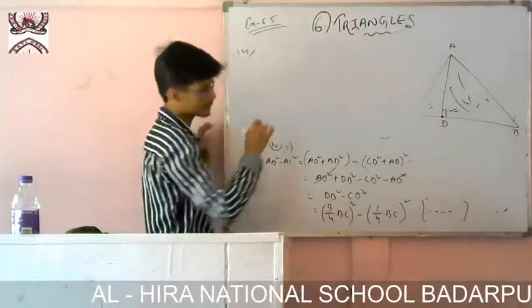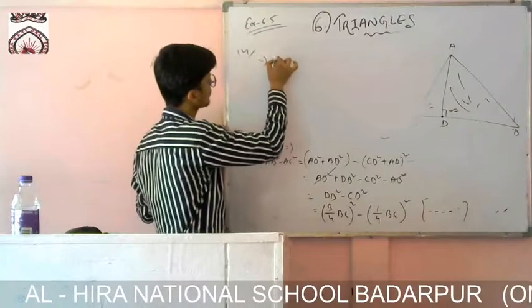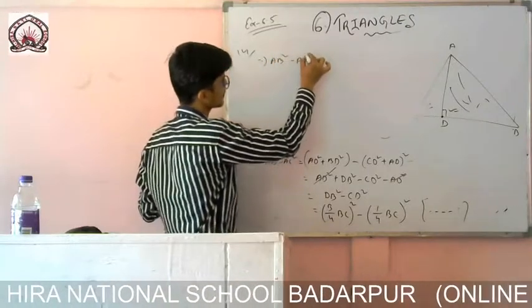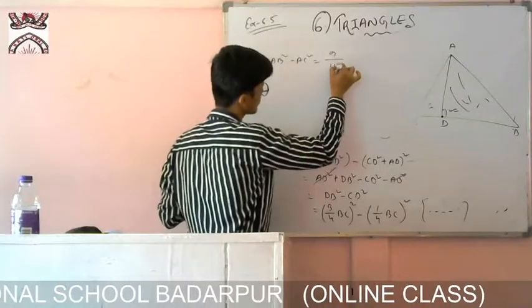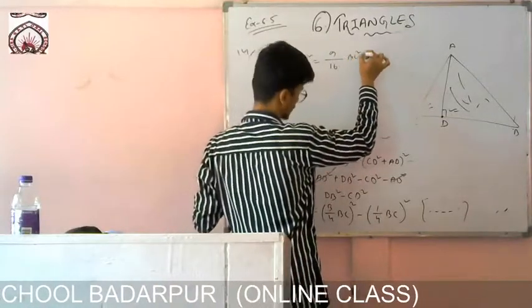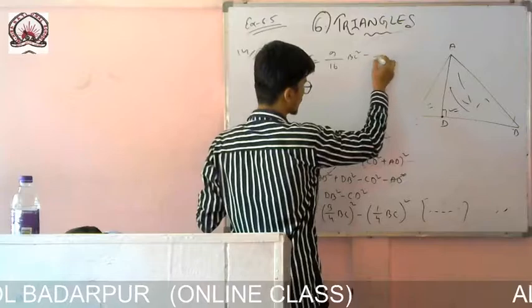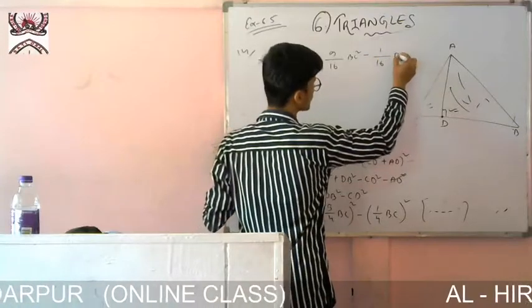Look here. AB square minus AC square, if I solve it, is 9/16 BC square minus 1/16 BC square.